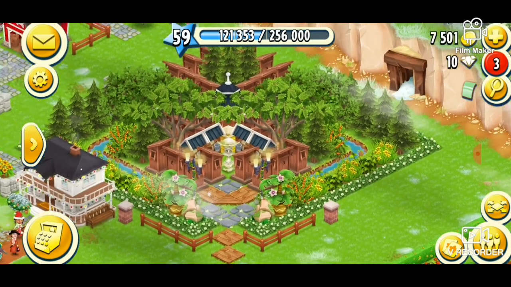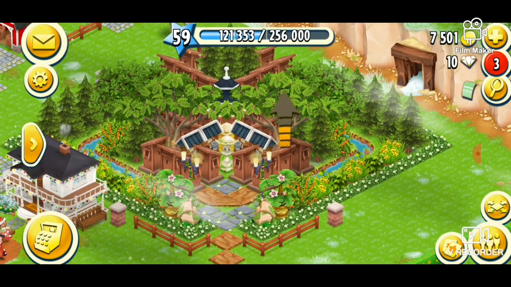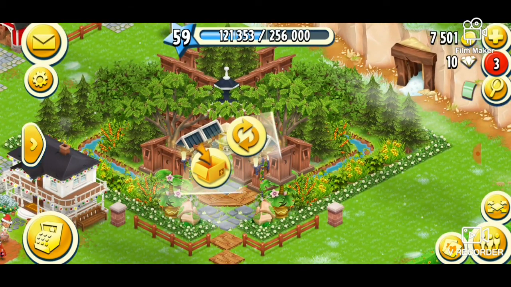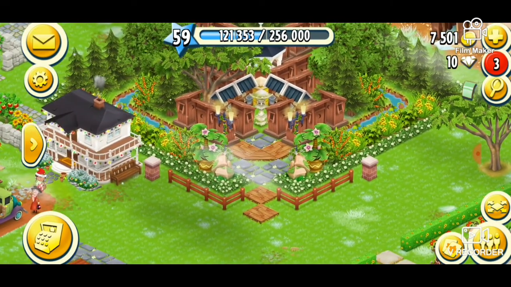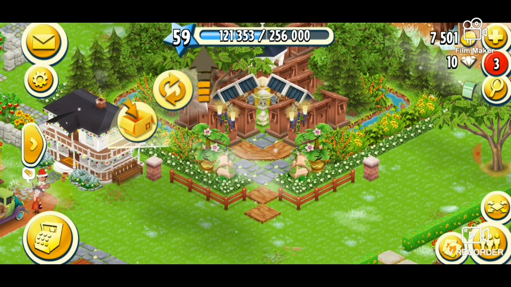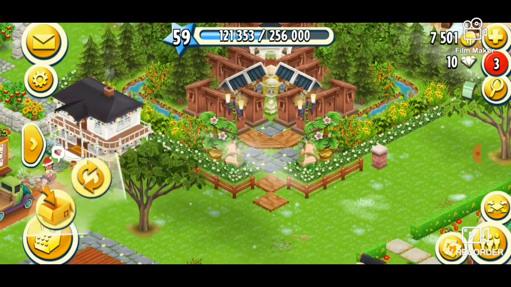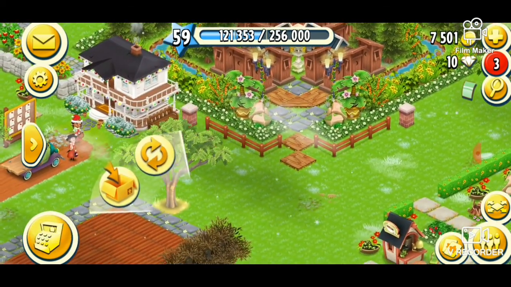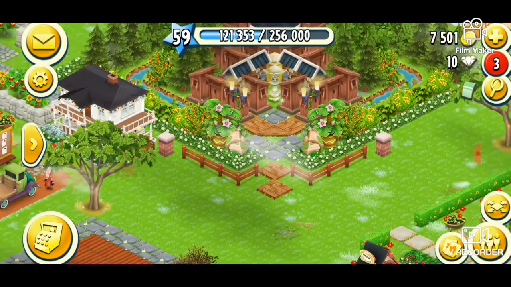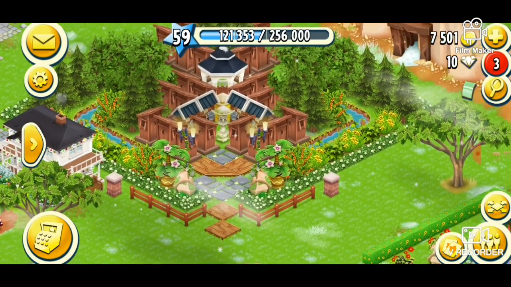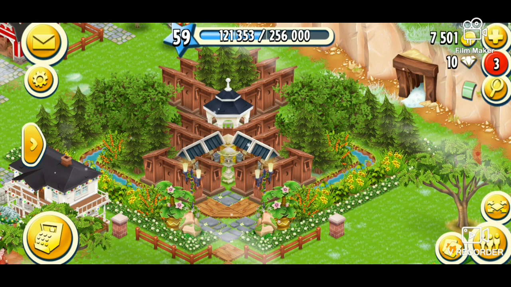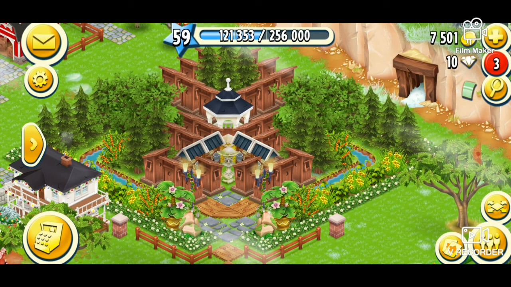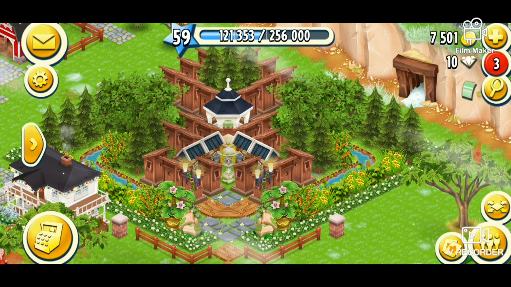So I'm going to remove this tree, put that one over there just a second, and I'm going to remove this tree here. Let's put him over there for a minute. Okay, now as you can see, that has opened up the whole area. So you can now see where everything goes.